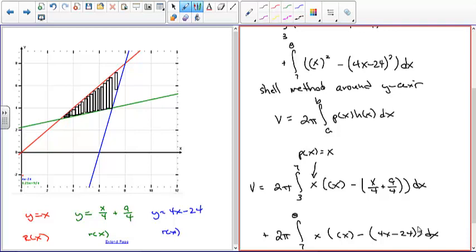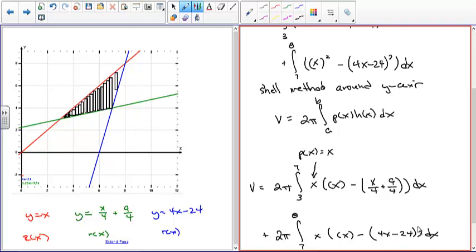Okay, so that's the second part. This x is because p of x is x when you rotate around the y-axis. This x is because y equals x defines the one boundary of the rectangle. And then you subtract the lower boundary, which for this interval is the blue curve and not the green curve.